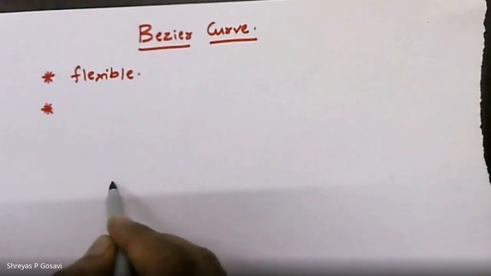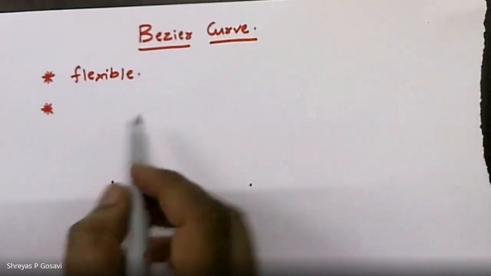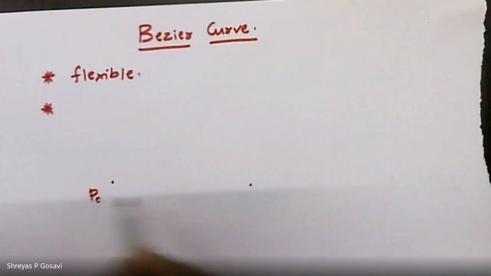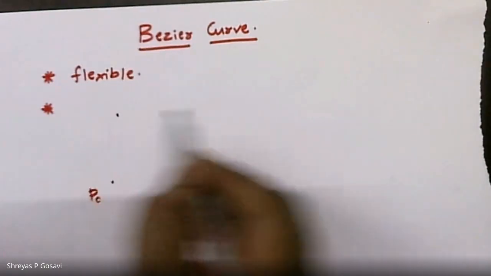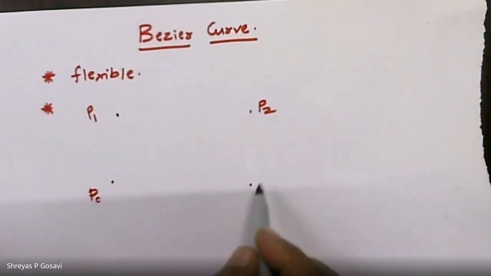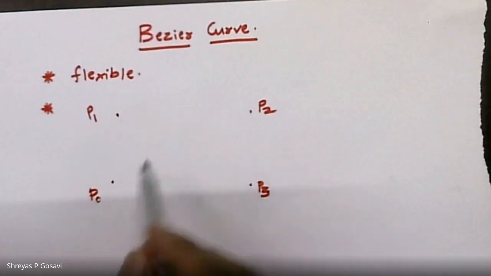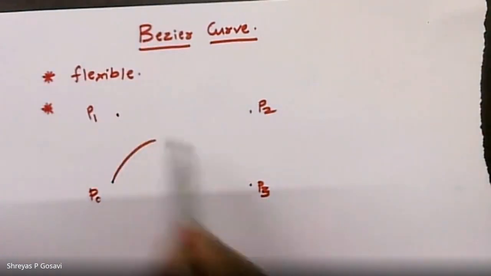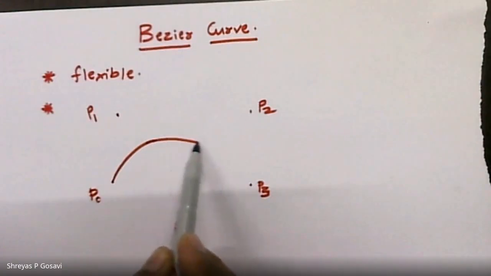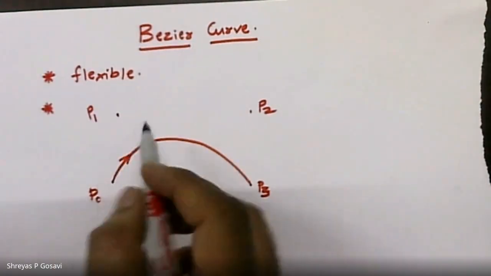Just to demonstrate how it exactly looks or how it appears to be. These are the input points, P1, P2 and P3, and this is the curve, the direction of the curve.